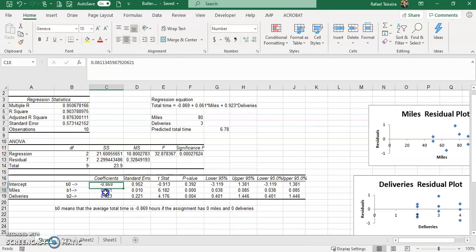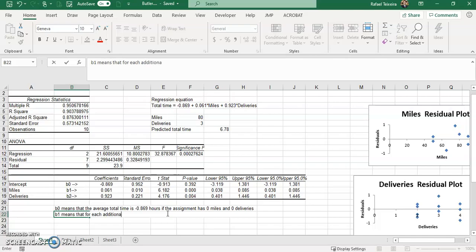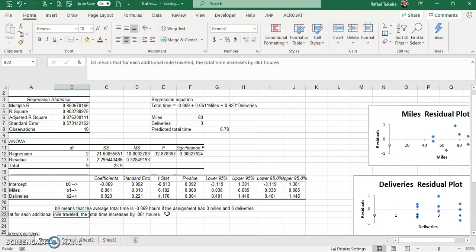Now let's take a look at B1, what B1 means. Let me interpret that and then I take a look at the slides later. B1 means that for each additional mile traveled, the total time increases by 0.061 hours.